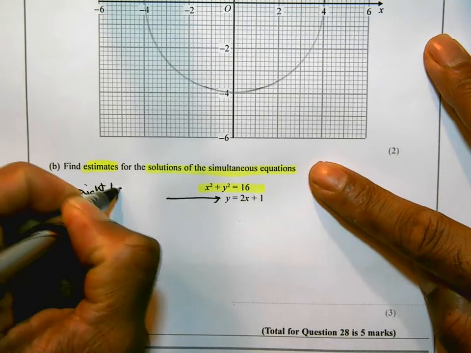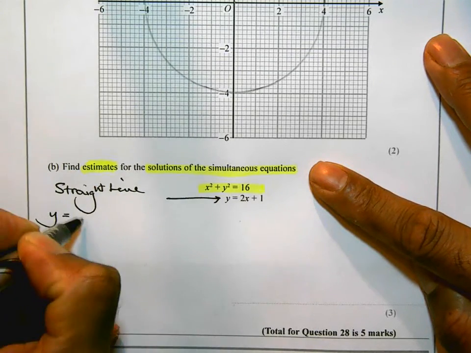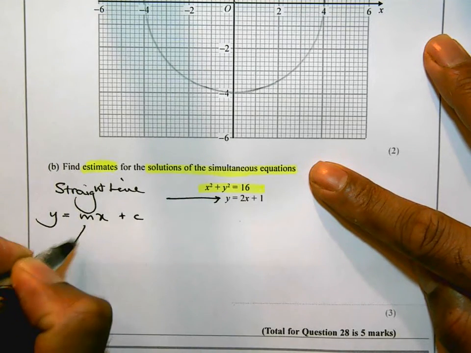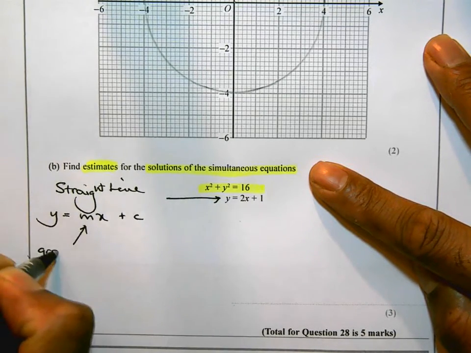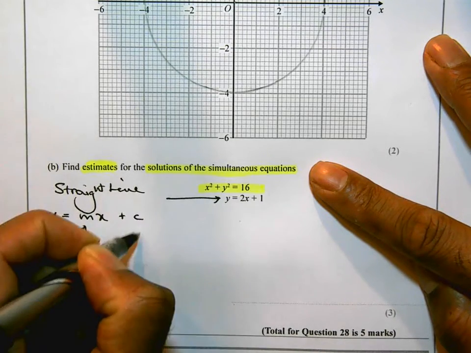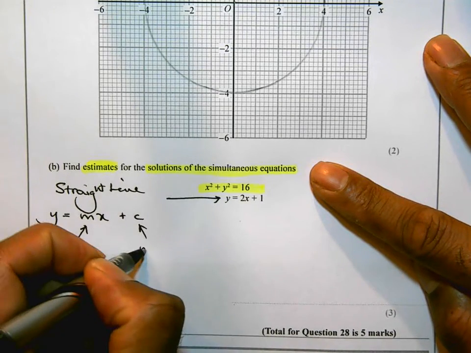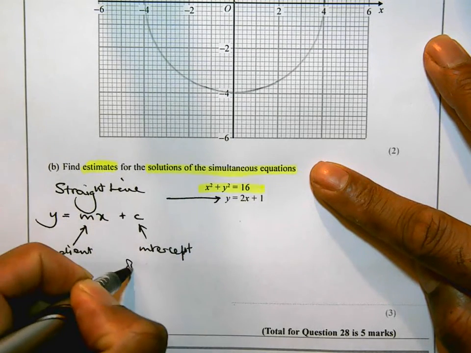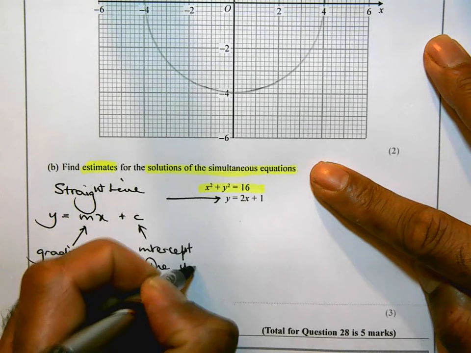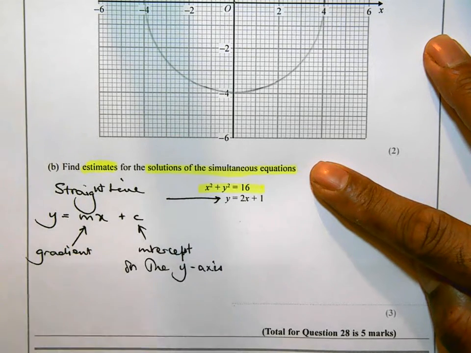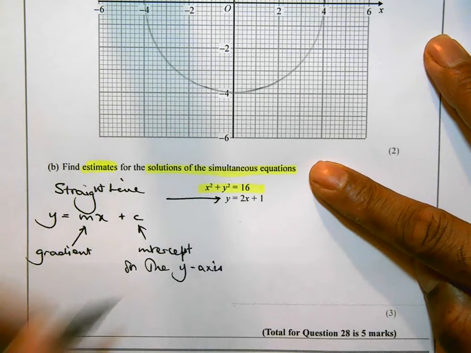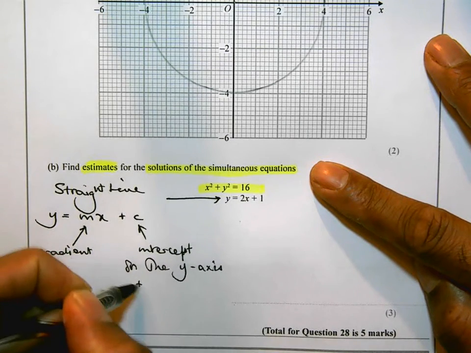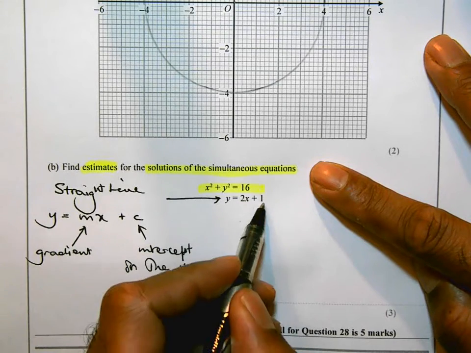And remember, straight lines, their general form is y is equal to mx plus c. m is the gradient, and c is the intercept on the y-axis. Okay, so it's the point where they cut the y-axis. That's where c is. So in our case, c is positive 1, and the gradient is 2.